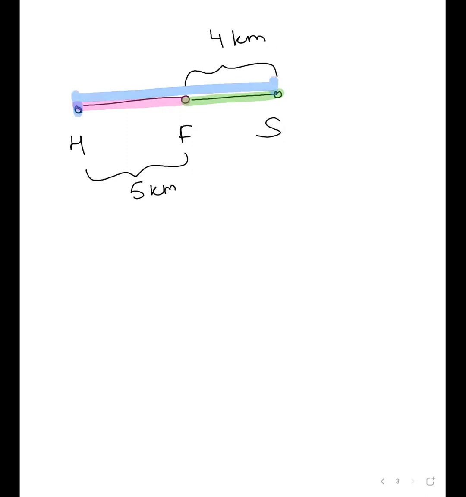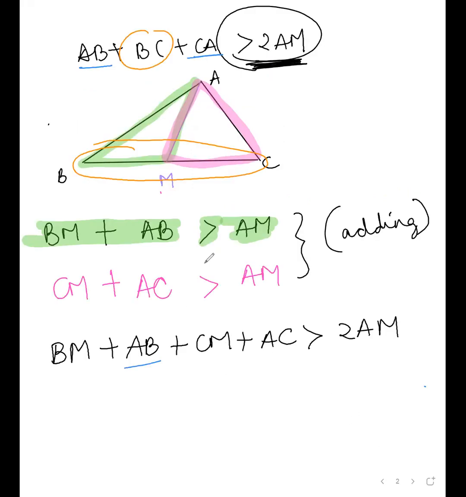Did you get it? Yeah. So let me write it over here. HF plus FS is equal to the distance HS. Similarly, the same thing we're going to apply here. BC is divided into two parts. What are those two parts? Let's try to find them in our left hand side. What are those two parts, Hiba?